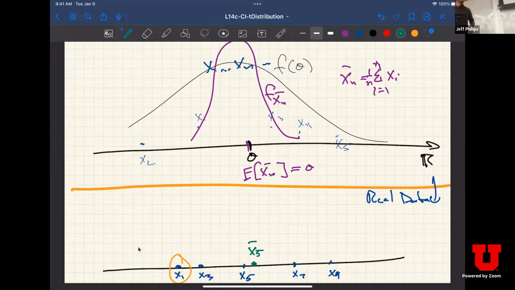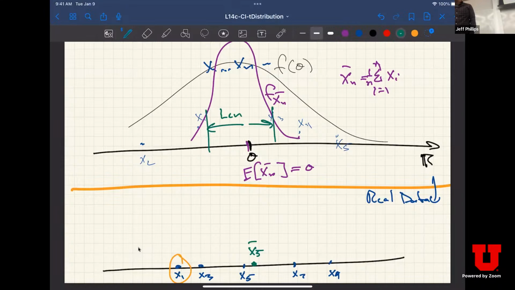So if I wanted to look at the difference, this length, this margin, let's call this length.